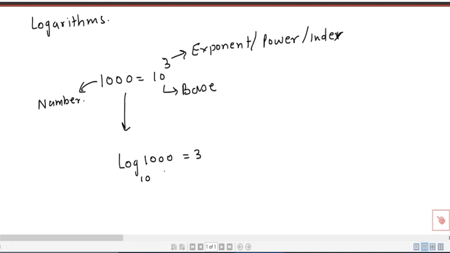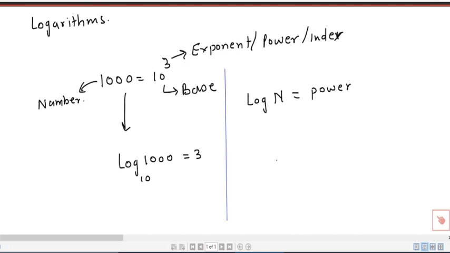Here we can make some quick observations: log of some number is equal to the power. Now, the question is, power of what?